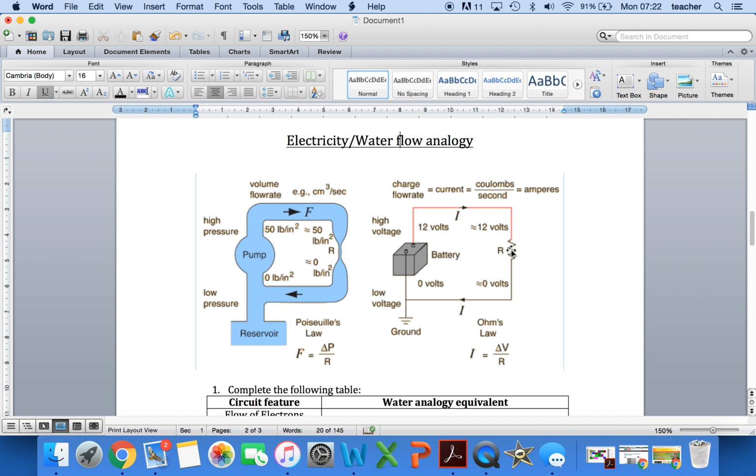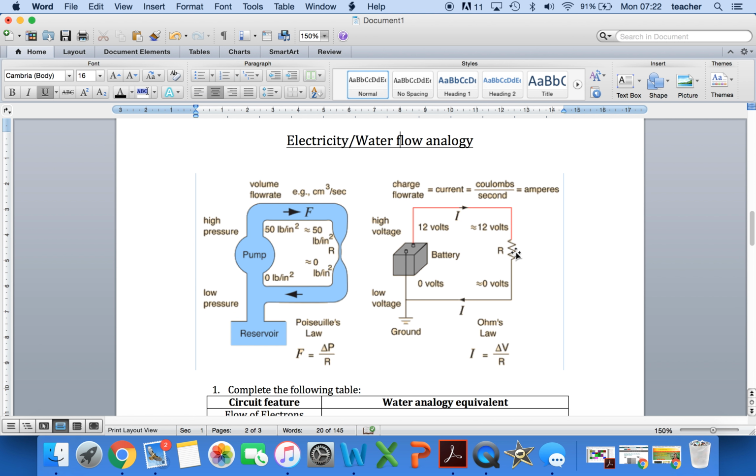Then over this side, we've got R, which represents a resistor. Even by looking at this analogy, this might help you to understand what a resistor is. A resistor is an area in a circuit where it's more difficult for the electricity to flow, and basically it's a place where some of that electrical energy gets used up.